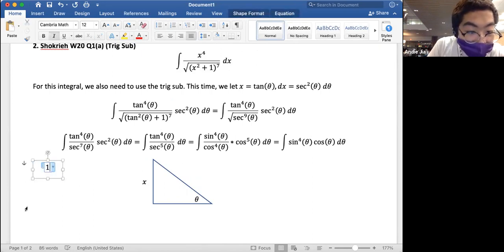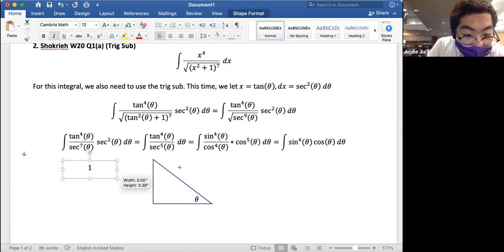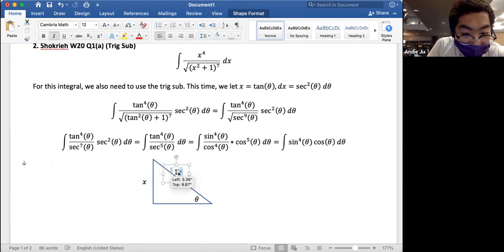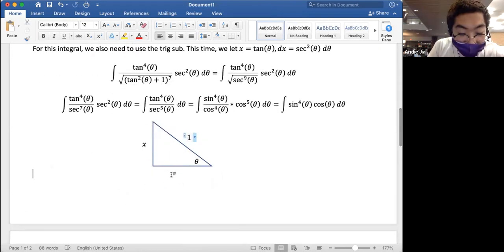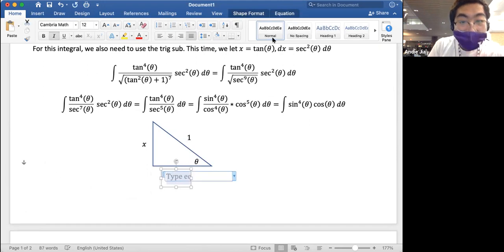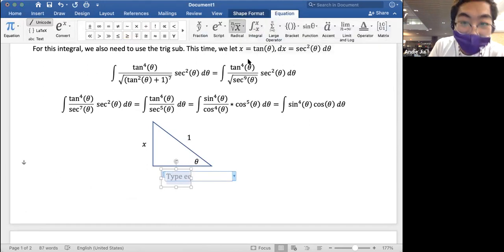Then this is the integral, x over the square root of x squared plus 1.